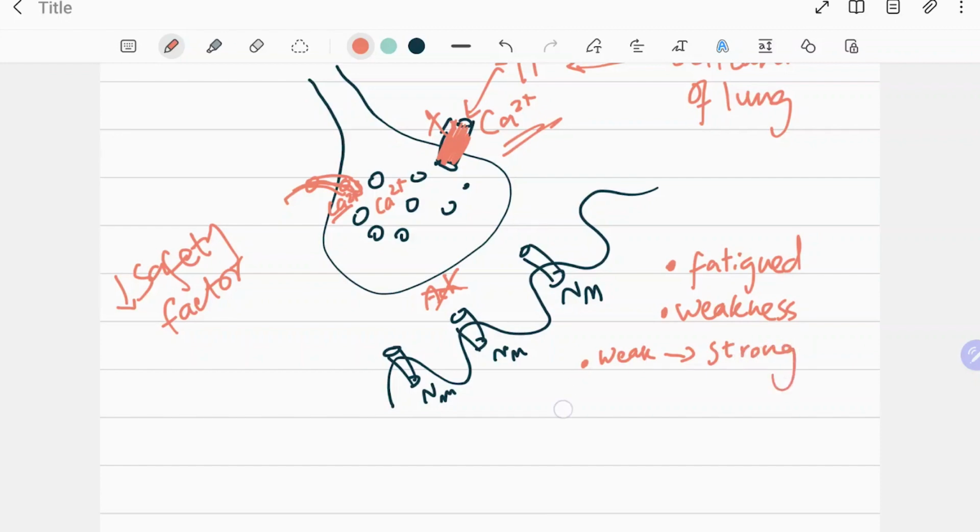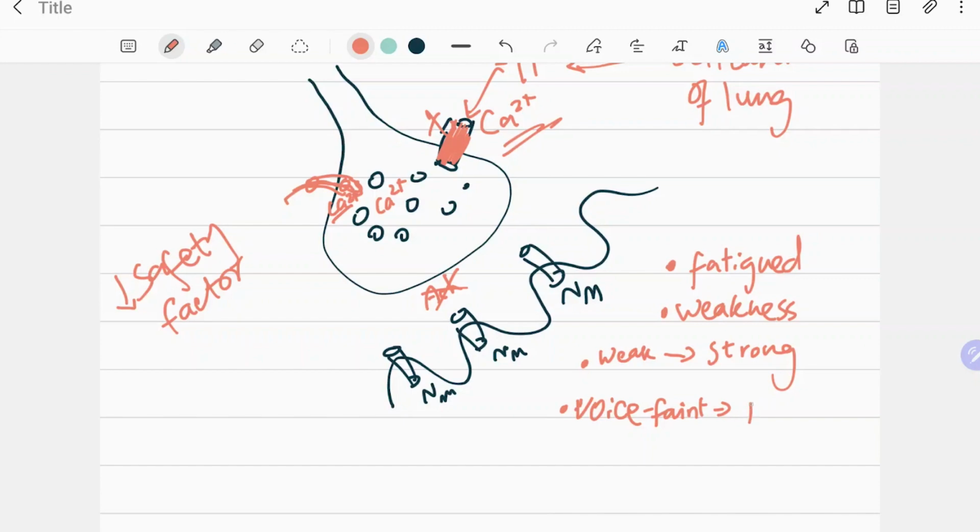Even when they talk, when they speak, if you want to differentiate between myasthenia gravis and Eaton-Lambert syndrome, the Eaton-Lambert syndrome patient is going to start very weak. He's going to talk very faint. His voice is going to be very faint. Then later as he talks, it's going to get louder, like, doctor, I don't know, I feel so weak. But then eventually my voice gets good like this.